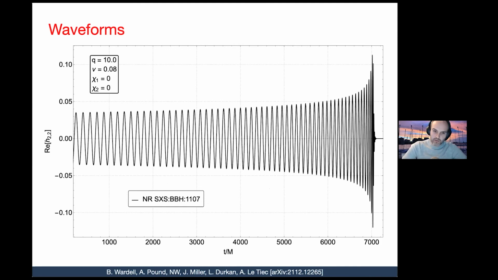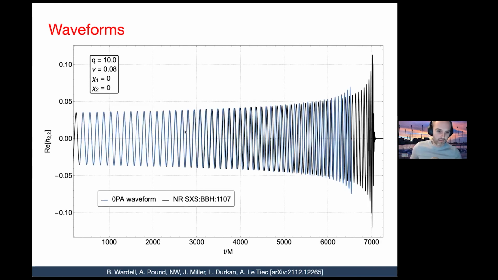Okay, in terms of waveforms then, here is an example. Again, this is Q10, so mass ratio 1 to 10. This is the numerical relativity data from this particular simulation from the SXS catalog. If I compare this to a first order result, once I switch Q to nu and do that re-expansion, it does okay at the beginning, actually. It's not so bad, but it quickly dephases with the numerical relativity results, as perhaps would be expected from what you've seen so far.